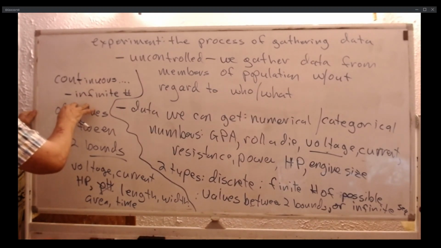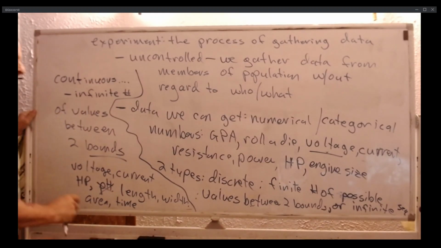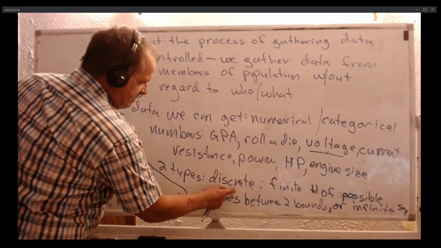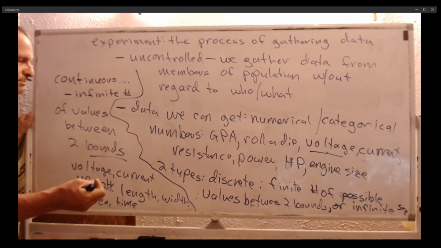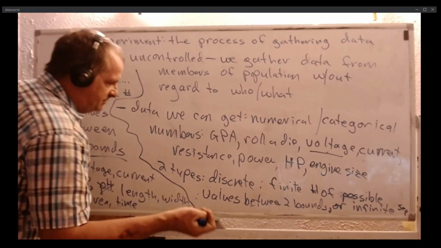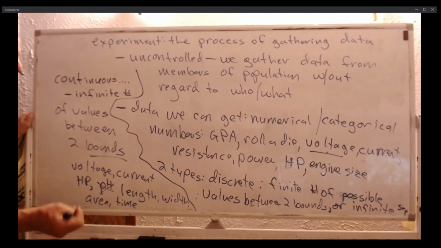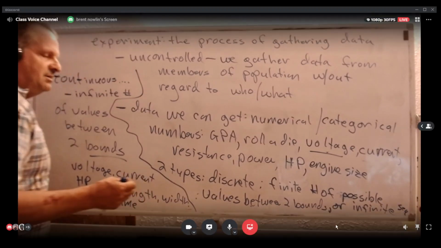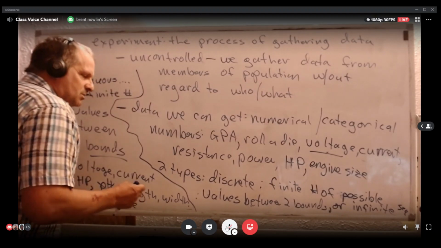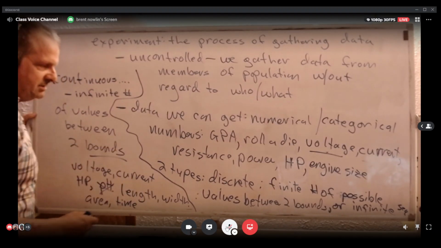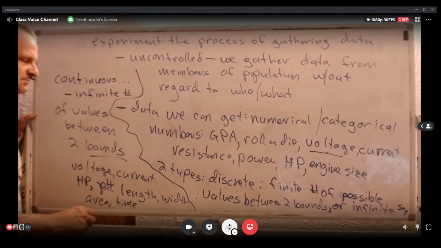For discrete data, we're going to use summations. We're going to use the summation operation to find the mean, the average value. We're going to use the summation operation to find the median, which is another type of average. We're going to use summations to find the standard deviation. All that kind of stuff we're going to use summations for.